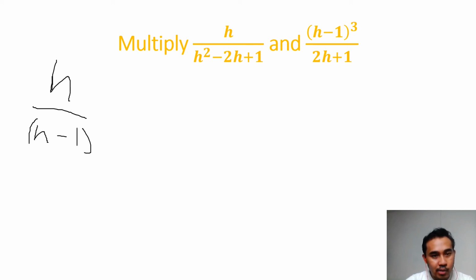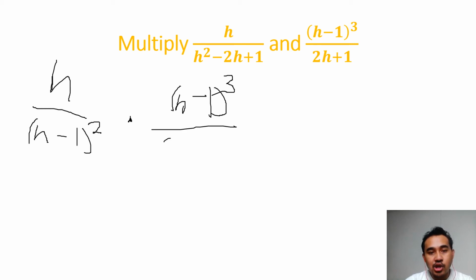And then multiply. So you have h minus 1 cubed in the numerator, and then you have the denominator of 2h plus 1. Now, working on that, you can cancel there because it's a binomial, it makes 1.